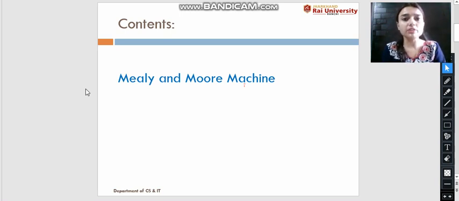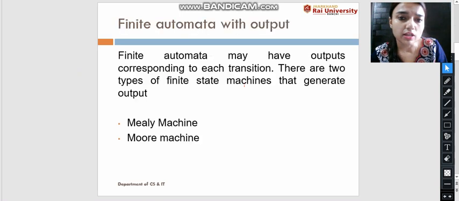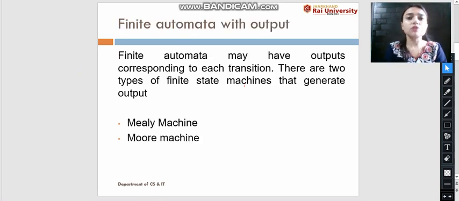In the coming lecture, I will discuss the Mealy machine and how to convert a Mealy machine to a Moore machine and a Moore machine to a Mealy machine. So first, let's discuss finite automata with an output. Sometimes a finite automata may have output corresponding to each transition.